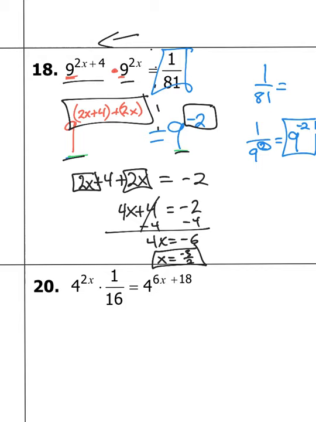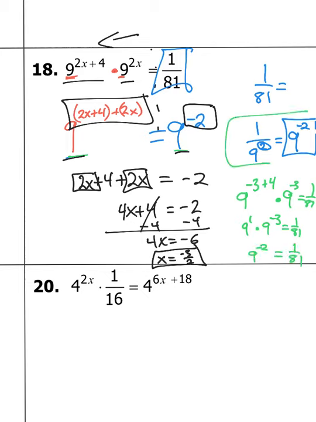If we go back and check our work, 9 raised to the negative 3 plus 4, times 9 raised to the negative 3, equals 1 over 81. Like bases, if we add, we get 9 to the first and negative third. If we have like bases, we can add the exponents. So I get 9 to the negative second equals 1 over 81. We already knew that from up here, so that is good.